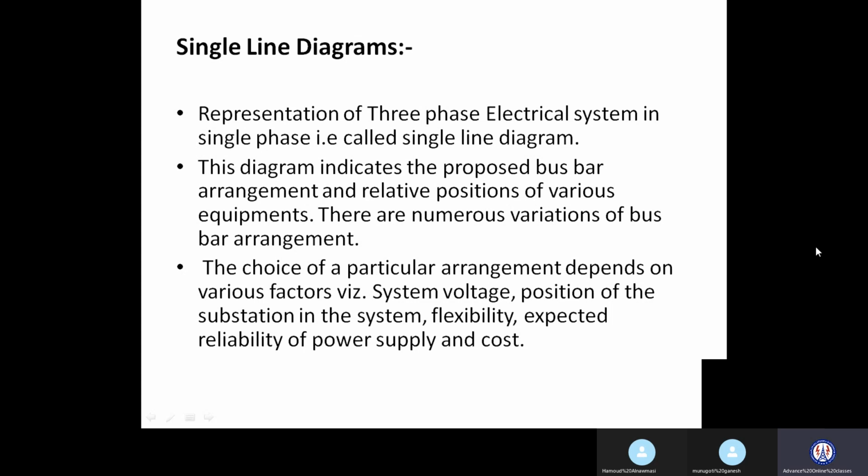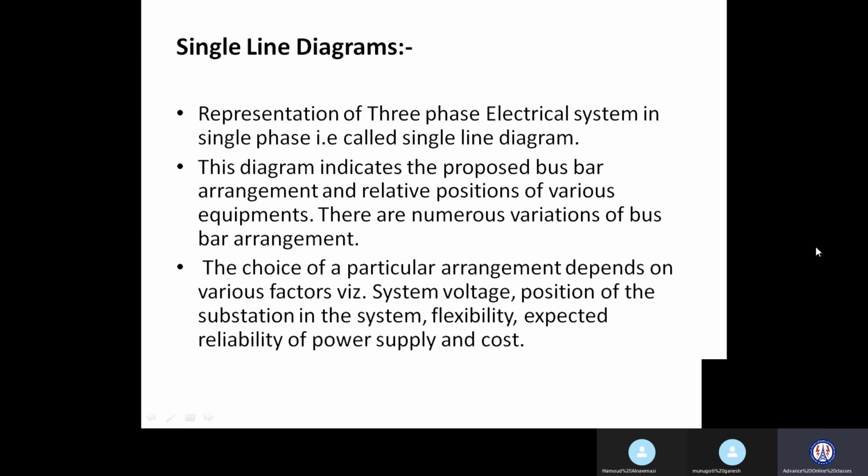If we represent our electrical network in a multi-wire and multi-phase form, the diagram looks complex. Therefore we represent the multi-wire and multi-phase system in a single line, so this diagram is called a single line diagram.